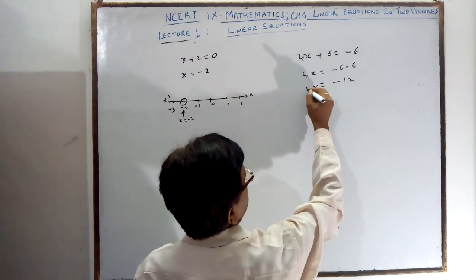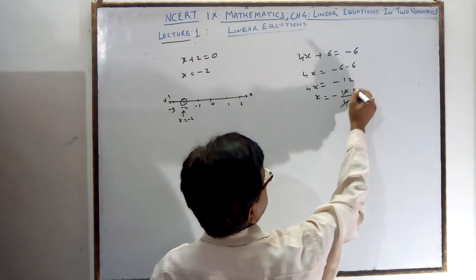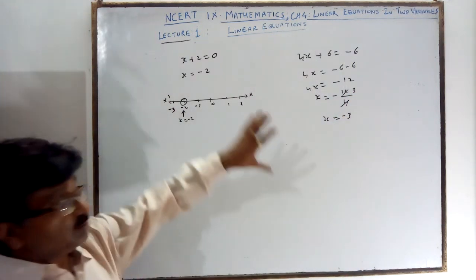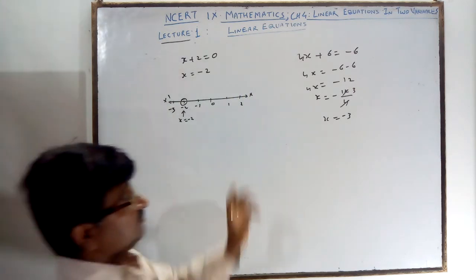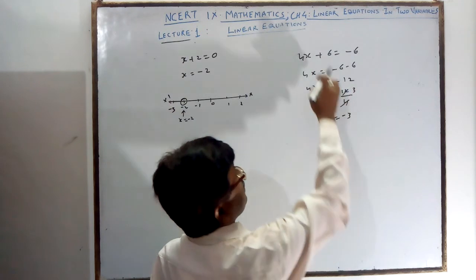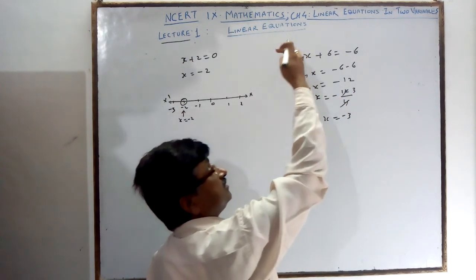So 4x, then x will be minus 12 by 4, 4 threes are 12. You are getting x is minus 3. So it has a unique solution. Only one value you are getting, satisfying the equation. So minus 3 is called the solution of this equation. When you put minus 3, your result will be 0.